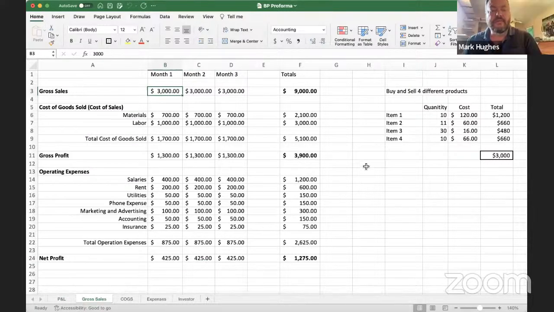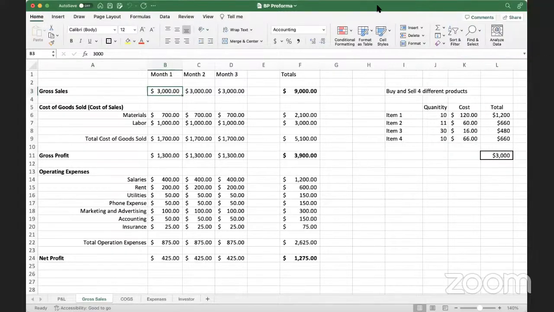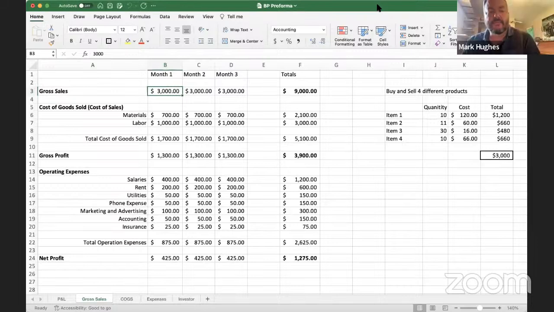So on the first part of your gross sales, this explains how we get to that number.